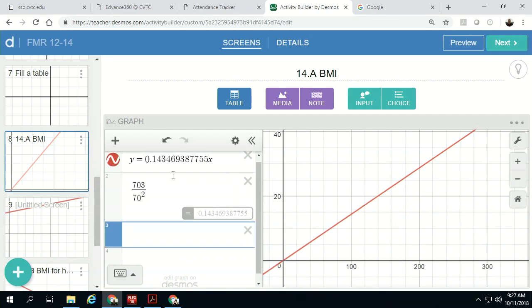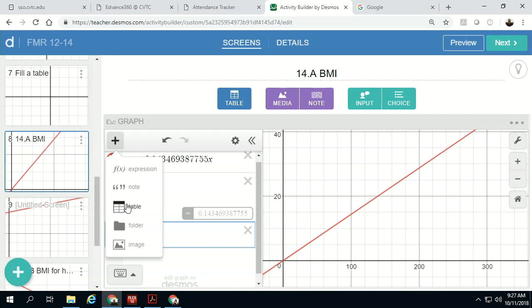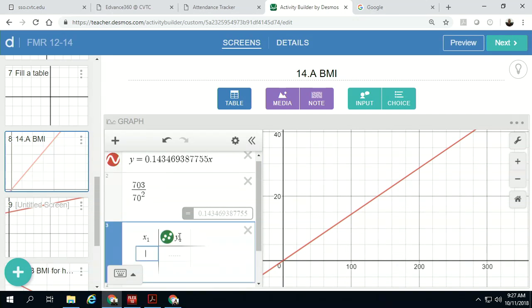But if we made a table, okay, we have X1. Tell me what to do here for the second column to have the math work out. What should I write? Nobody knows. See if the person sitting next to you knows.